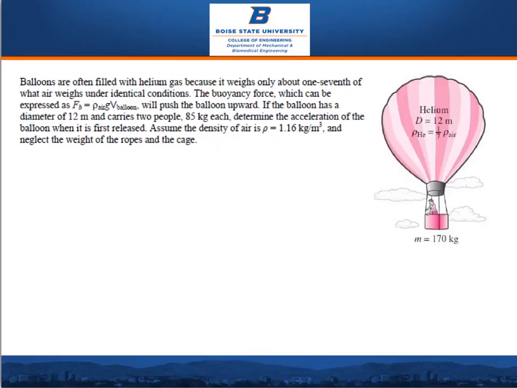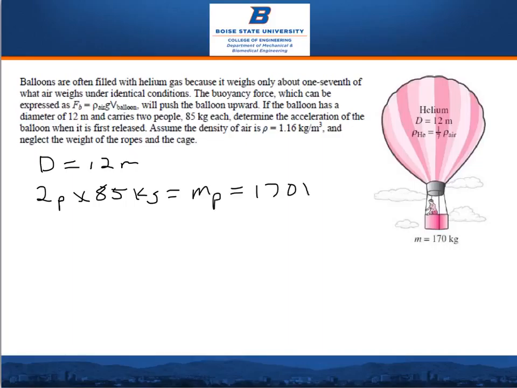So we're going to write down some of our things here. We have the diameter of the balloon equals 12 meters. We have 2 people times 85 kilograms, which is equal to a mass of the people of 170 kilograms.